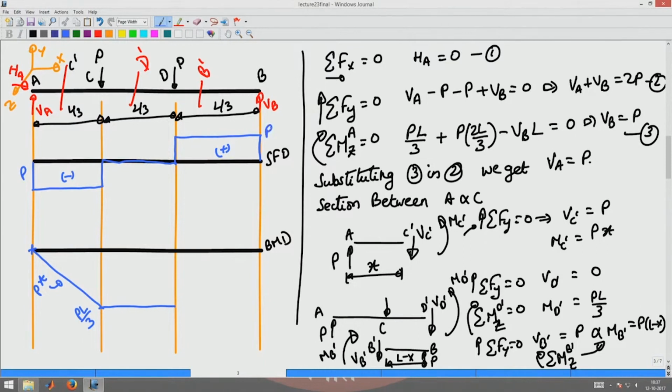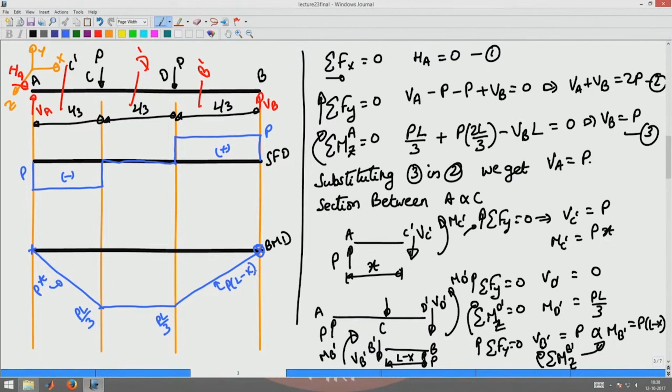On the other hand, the bending moment at x equal to L is 0, and it varies as P into L minus x. It is a linear variation from here to there. When x equal to 2L by 3, you can see that the bending moment is P L by 3. So, it varies from P L by 3 to 0 as P into L minus x.